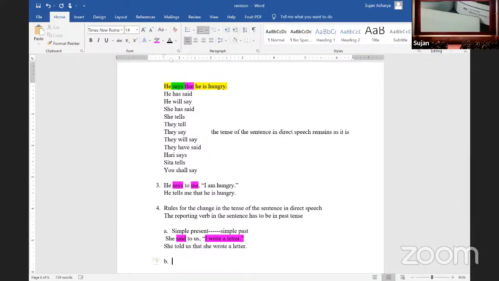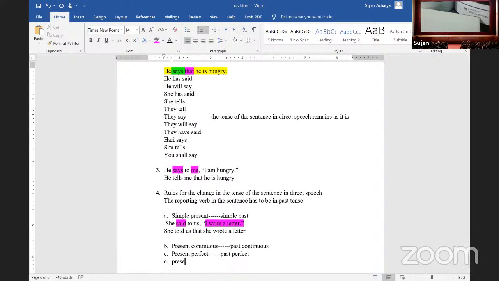Number B, if the sentence is in present continuous, then it changes into past continuous. If the sentence is in present perfect, it changes into past perfect. If the sentence is in present perfect continuous, it changes into past perfect continuous.